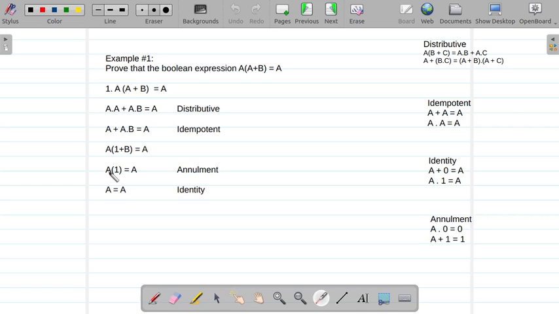So, what remains is A and 1, which is just equal to A. So, A multiplied by 1 using the identity law becomes A. So, the simplified form of the Boolean expression A and (A or B) is just A. So, A and (A or B) is just equal to A.